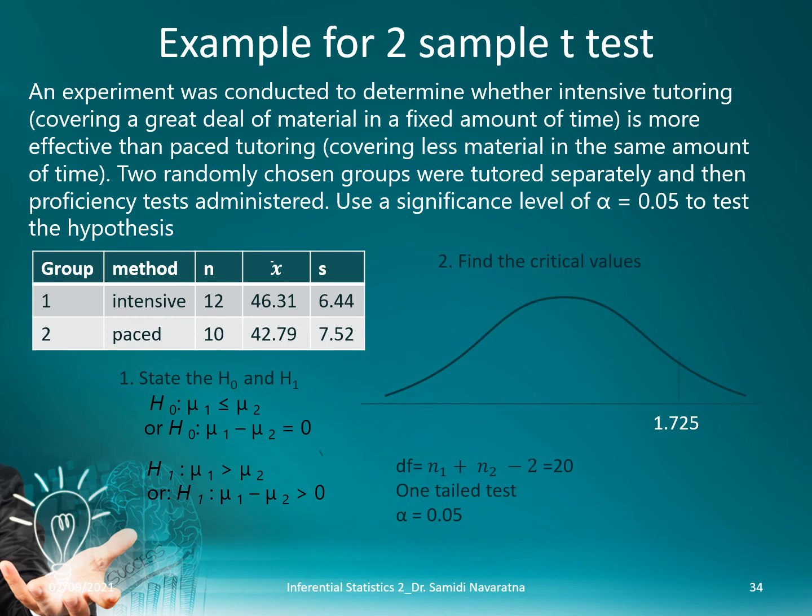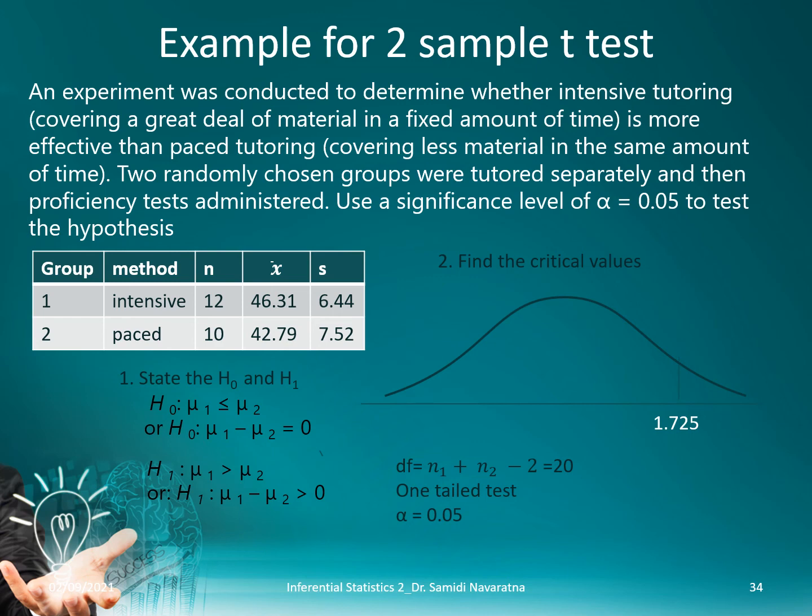So this is a one-tailed test because we are seeing not just whether the means are different from each other, but whether one is greater than the other. So which means it's a right-sided one-tailed test.